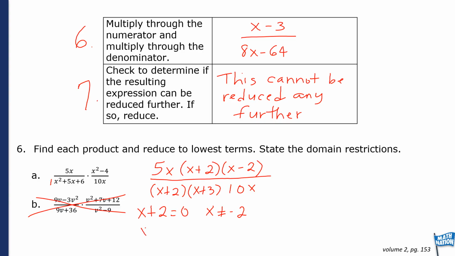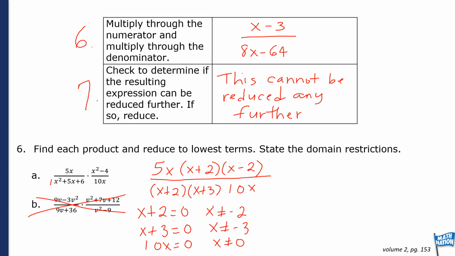Okay, the next one is x plus 3 equal to 0. That means x cannot equal negative 3. And then 10x equals 0. When we solve, x cannot equal 0. So there are our domain restrictions.